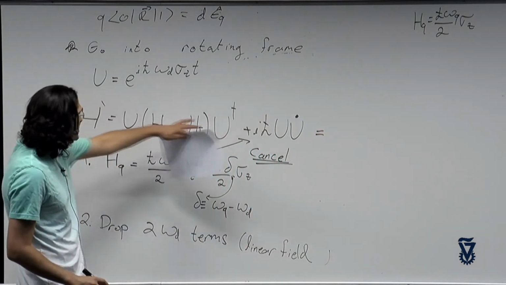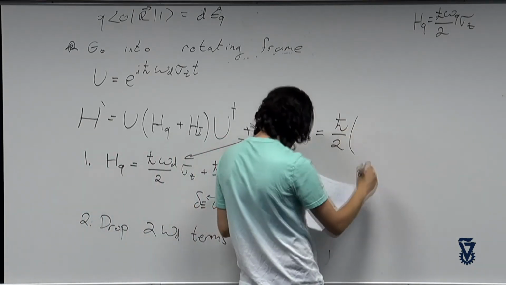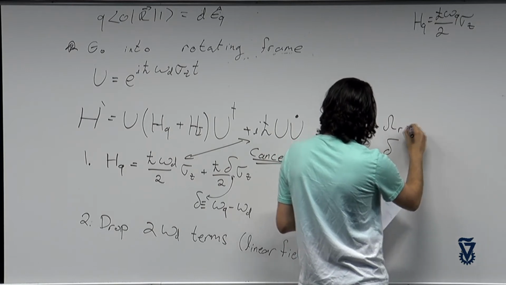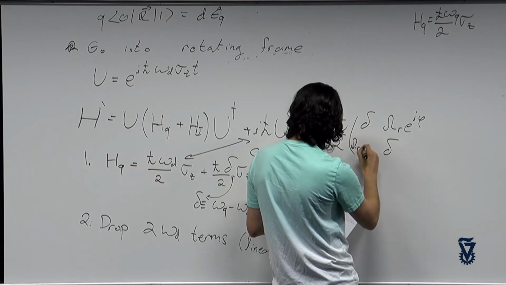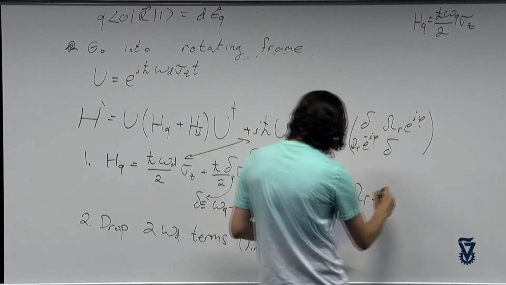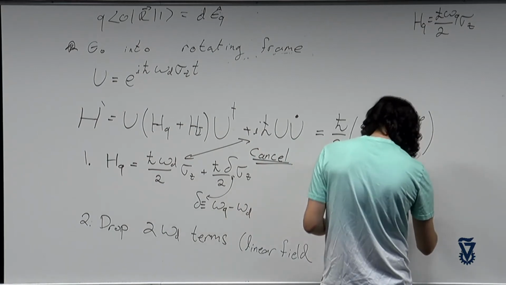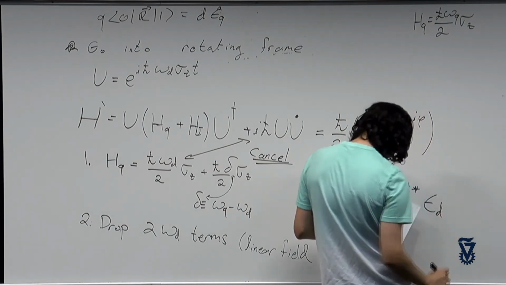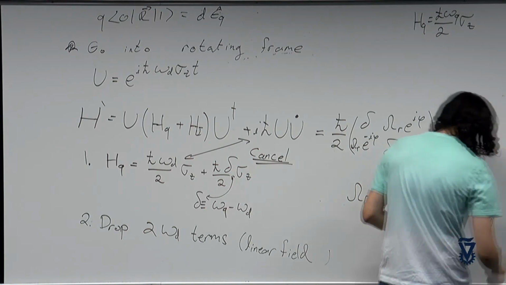And if you take these two into account, then this becomes pretty much algebra, and then you end up with h bar over 2 times the matrix with delta, omega Rabi e to the i phi, omega Rabi e to the minus i phi, and minus delta, where omega Rabi is 2d over h bar, epsilon q star, epsilon d e to the i phi naught, large epsilon d.